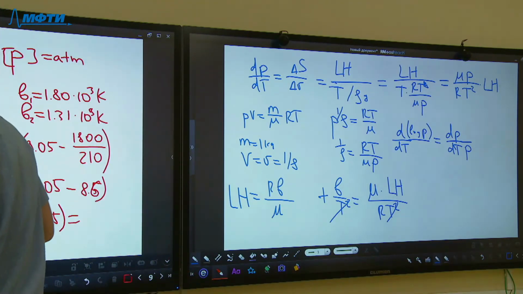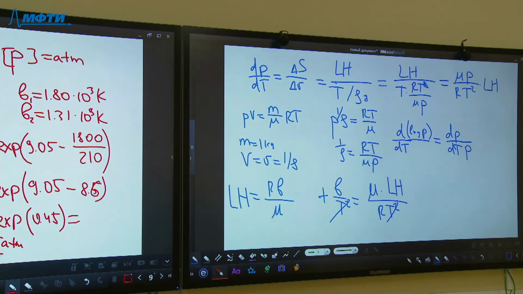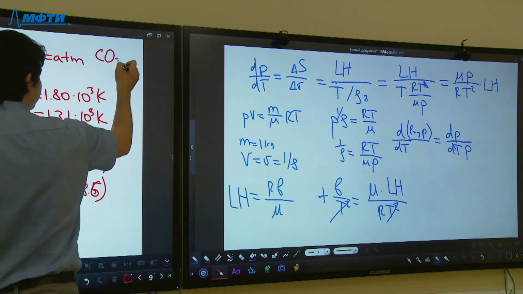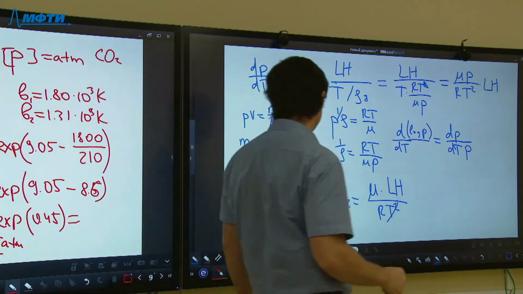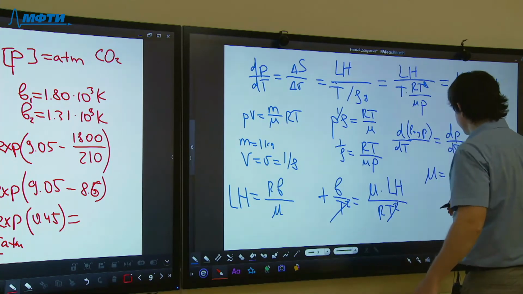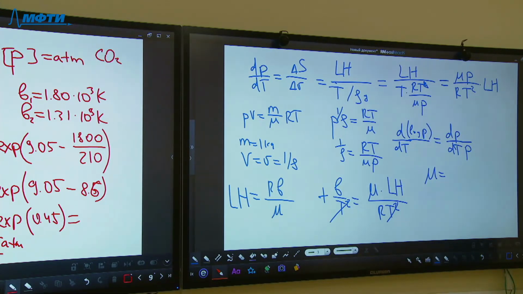Okay, so what liquid are we studying actually in this problem? Carbon dioxide, CO2. Carbon dioxide has a molar mass of, okay, for the molar mass of carbon, 12. Well, when I studied in school, we actually used the molar mass of carbon as the definition of 1 mole.